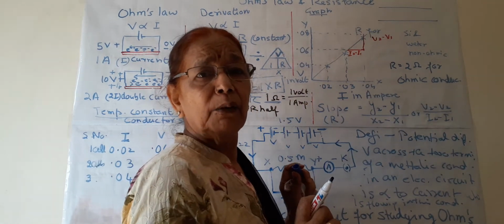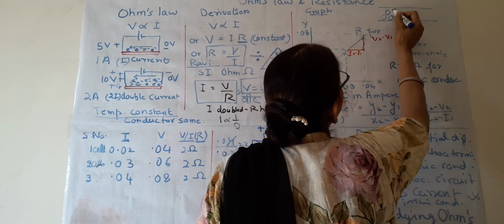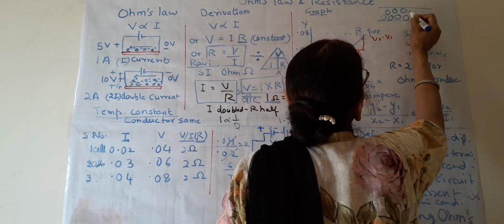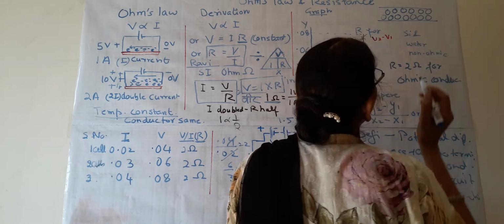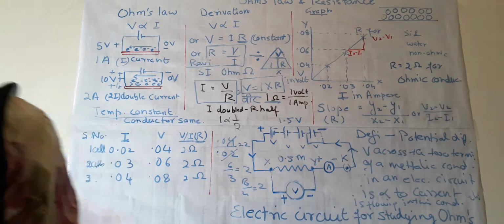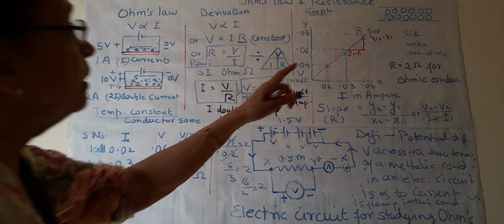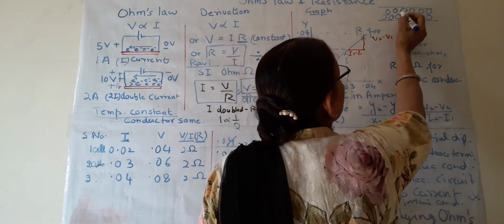Suppose this is the metallic copper wire. It has many atoms, copper atoms. Yesterday we have also seen these atoms. Many copper atoms are there in this metallic wire.